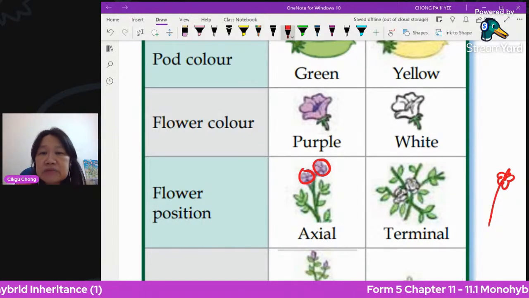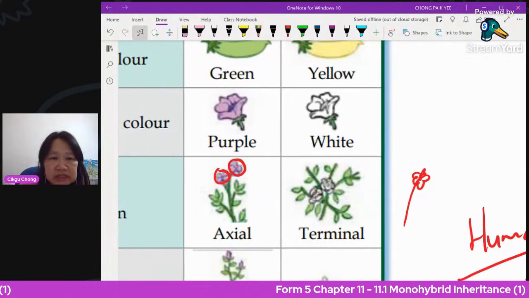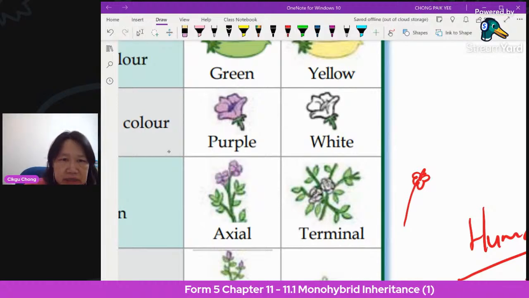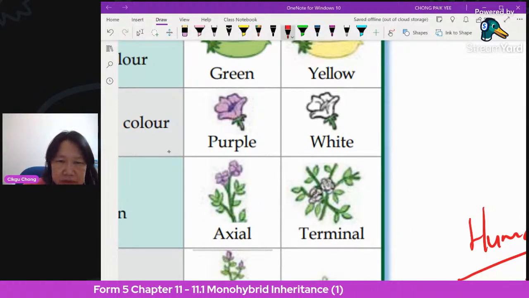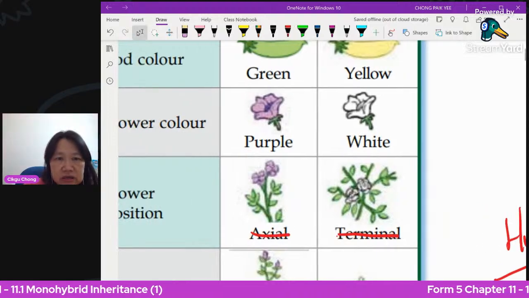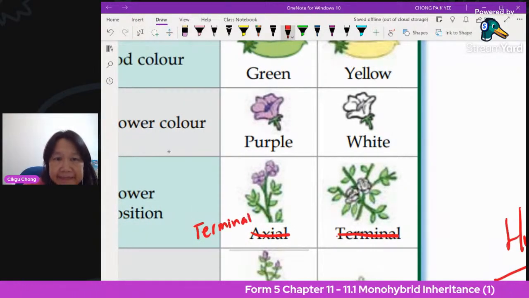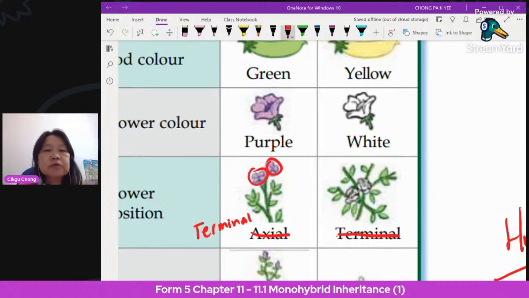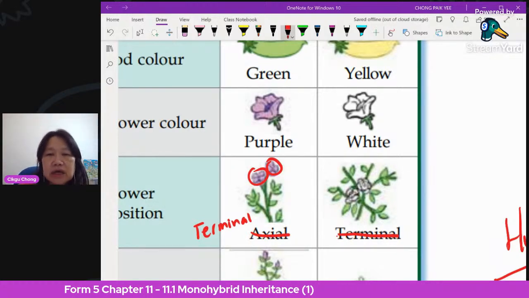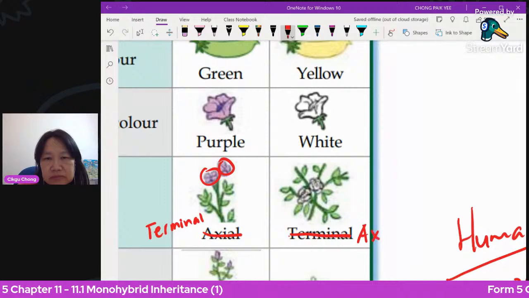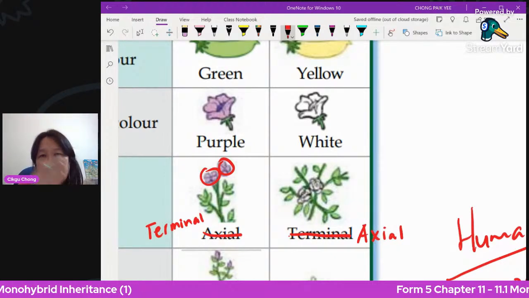But terminal means, oh, sorry, this is the other way around. Sorry, there's a mistake here. This is terminal. So I think you need to make a change in your book. Terminal means at the end. Your textbook has a mistake here, and this is axial. They already exchanged it.